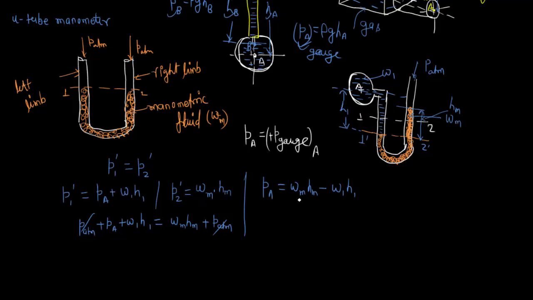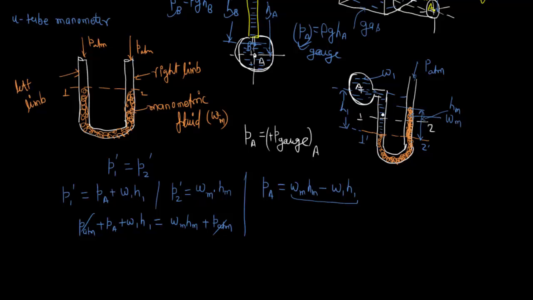Obviously in this case we know the property of this manometric fluid and we can measure this height, and we also know the property of the fluid in the pipe, and we can also measure the H1. We can easily calculate what the pressure at the point A will be, which will actually be the gauge pressure, by this expression.